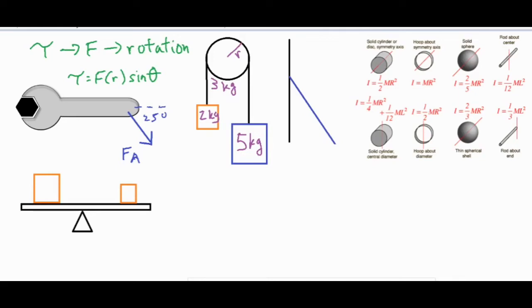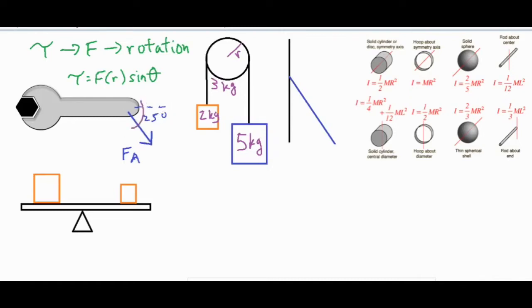And one rule about torque is that the force that is parallel to the lever arm doesn't cause any torque. So if you had any kind of force pulling or pushing left or right on that handle, it's not going to cause any rotation at all. Now, the portion of the force that causes the rotation is the part that is perpendicular to the handle.